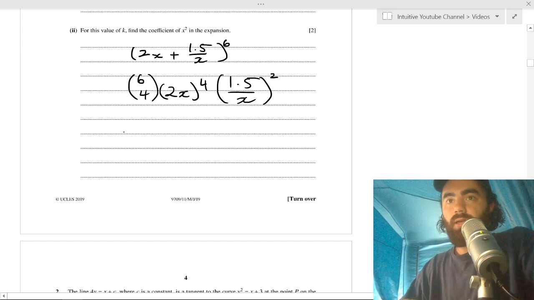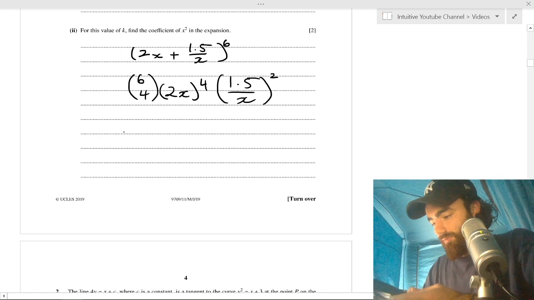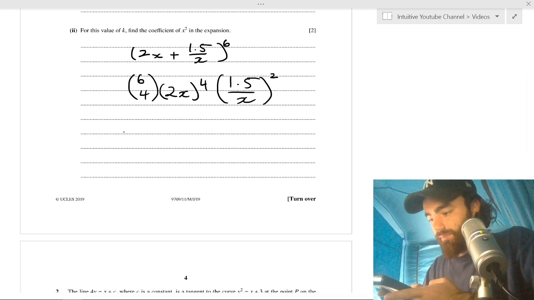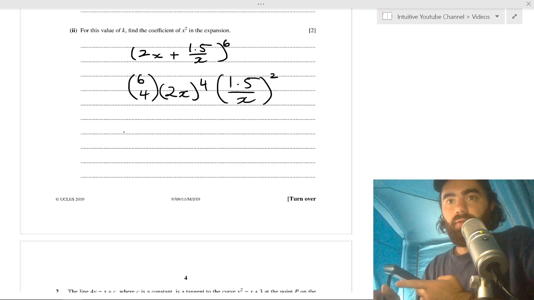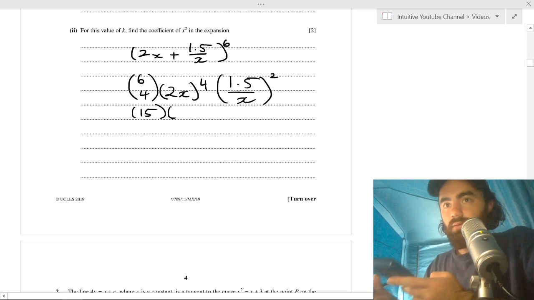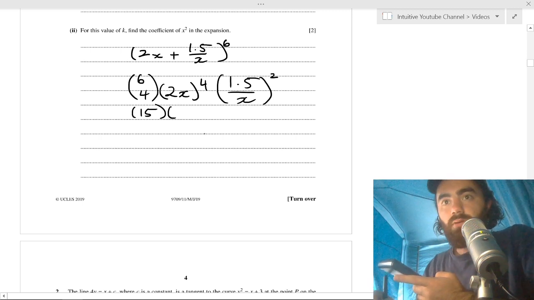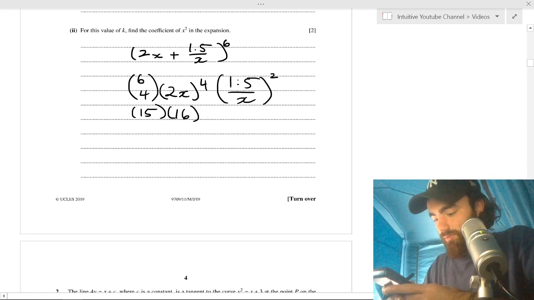So again, we get out our calculator and we work out these components. C4, so this is 15 times 2 to the power of 4. Then we get 1.5 to the power of 2.